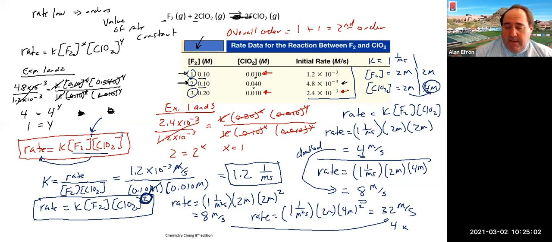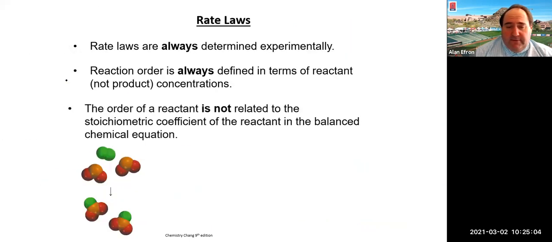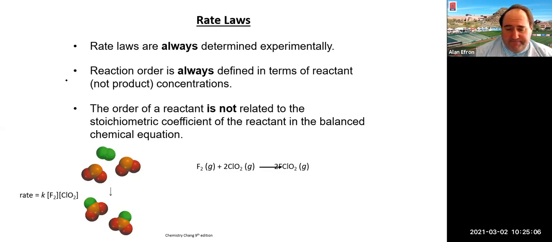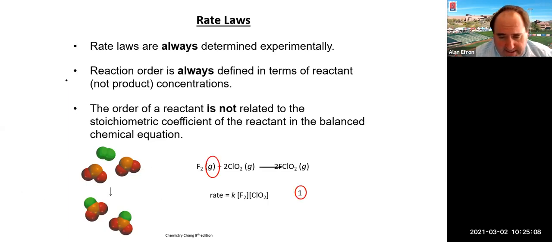Okay. So the other important thing that we've been talking about is that the rate laws are always found experimentally. So we always find these experimentally. They are always in terms of the reactants, not the products.